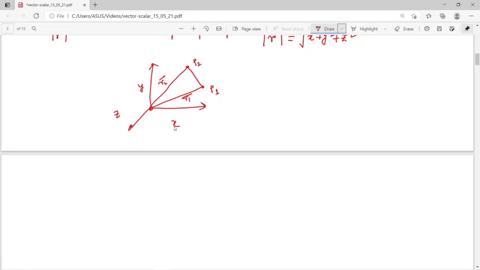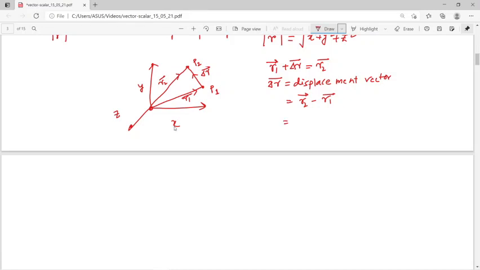Now we want to find this particular direction, that is called del r. By the vector addition rule, r1 should be added with del r to give r2. That means del r is called the displacement vector, and it is nothing but r2 minus r1.